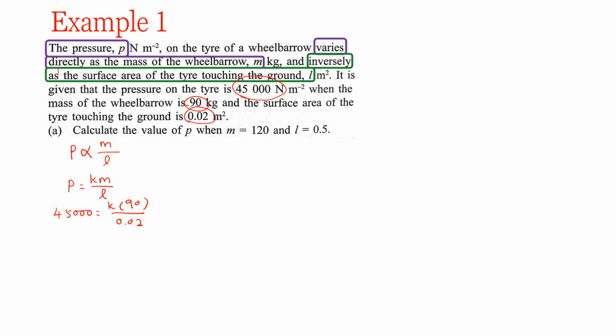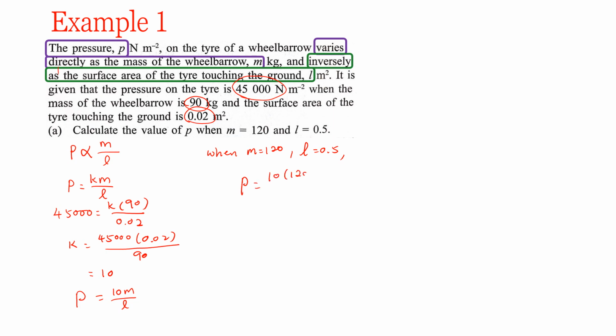Then you rearrange it and your K is 10. So the equation is P equal to 10 M over L. Now, when the mass equal to 120 and the surface area equal to 0.5, you have to substitute 120 and 0.5 into the equation.